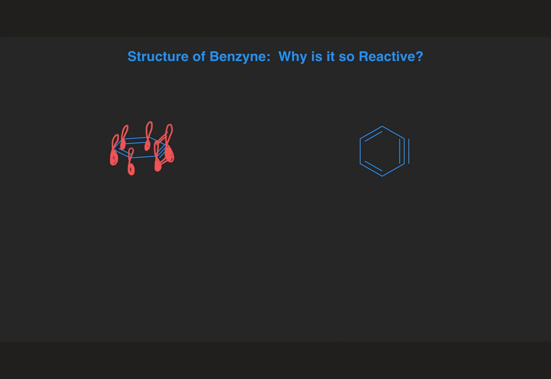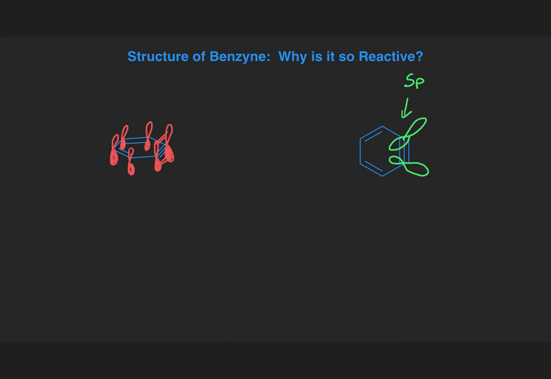So if one set of p orbitals looks like this, the other set of p orbitals has to be perpendicular to that, or oriented on this ring like this. There are two problems with this. Number one is if these are actually p orbitals, then this must be an sp hybridized carbon.